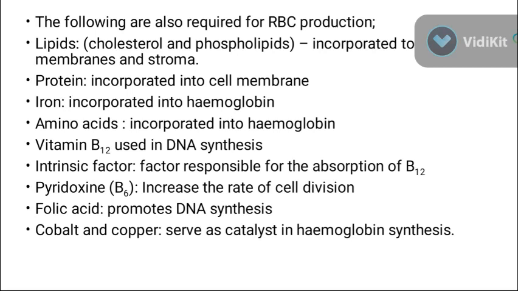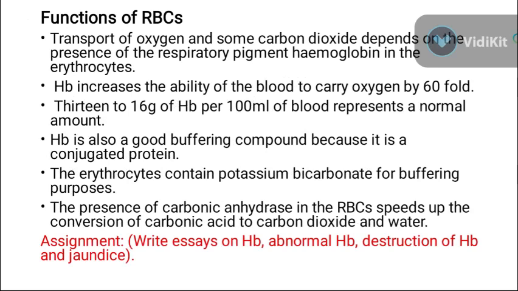Functions of RBCs. Transport of oxygen and some carbon dioxide depends on the presence of the respiratory pigment hemoglobin in the erythrocytes. HB increases the ability of the blood to carry oxygen by 60-fold. 13 to 16 g of HB per 100 milliliters of blood represents a normal amount.